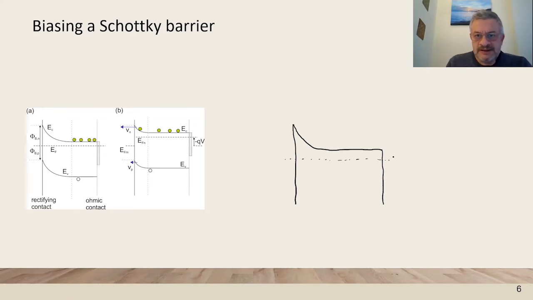But now we can displace the Fermi levels by applying a voltage at one of the contacts, and then the Fermi level will come here, so that we will decrease the height of the barrier.